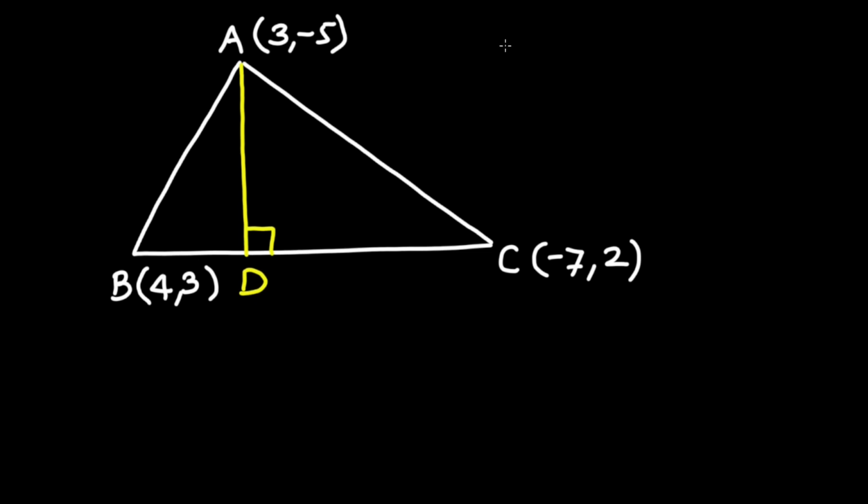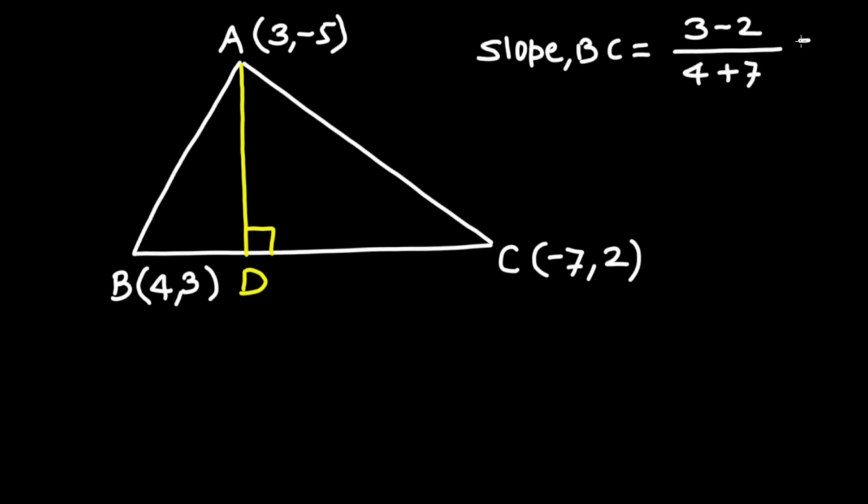It will be the slope of side BC equals the difference between y coordinates, that is (3 minus 2) upon (4 plus 7), which will be 1 by 11. The slope of altitude AD will be the negative reciprocal of 1 by 11, so it will be minus 11.